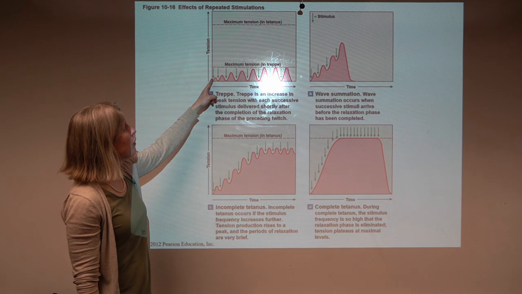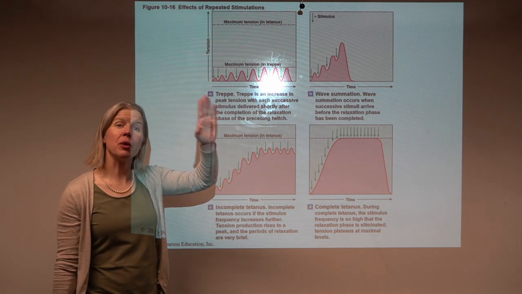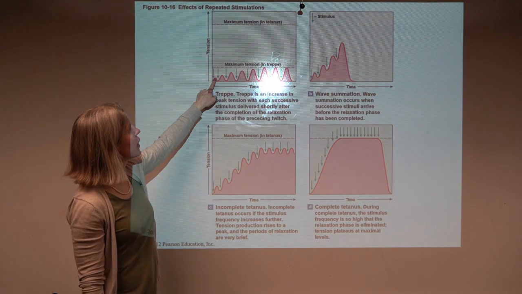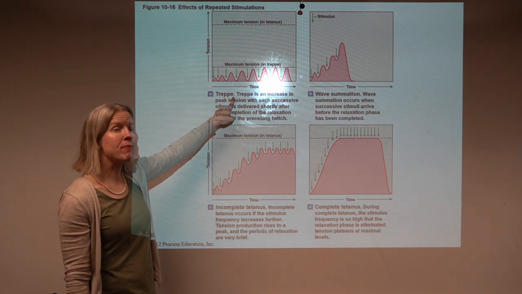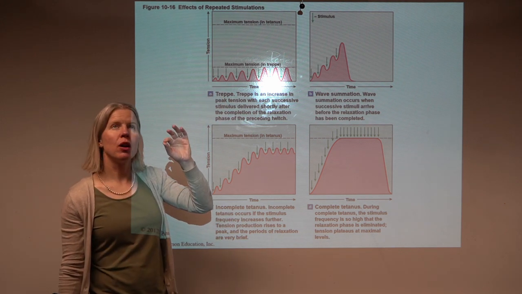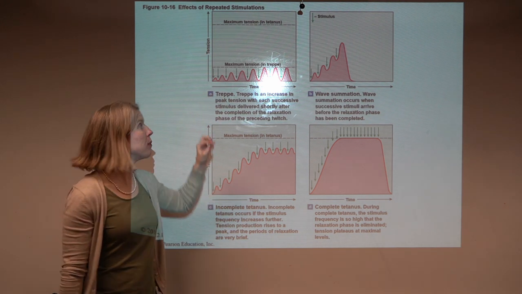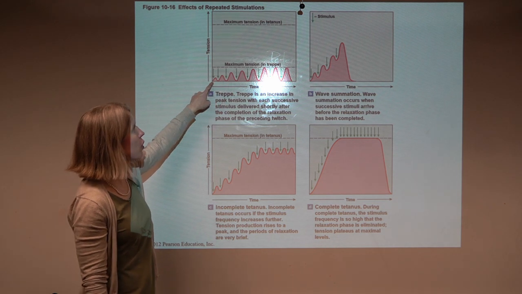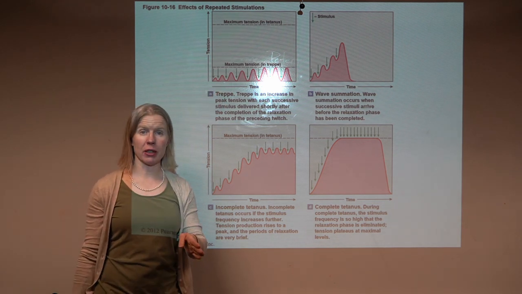But if you start increasing the frequency of the stimuli, what we'll see, even in this particular case, is called treppe. In treppe, the stimuli are coming after that muscle cell has gone back down into relaxation. Notice it returns all the way to zero before the next stimulus comes.